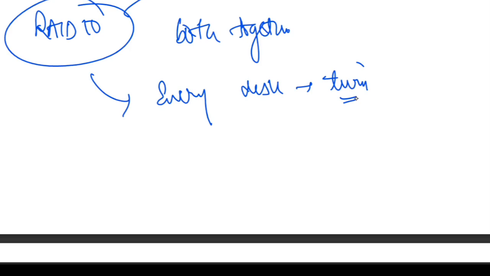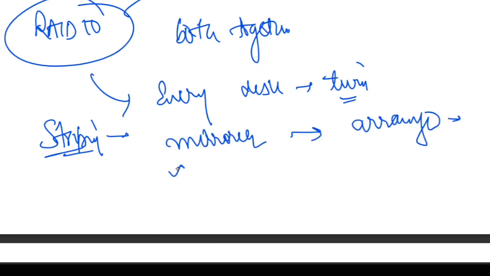The second thing that is done is striping. Striping means these mirrored pairs are arranged so that data is split across them.